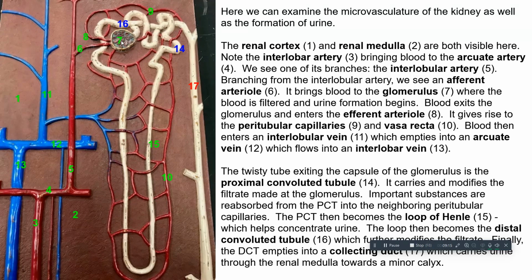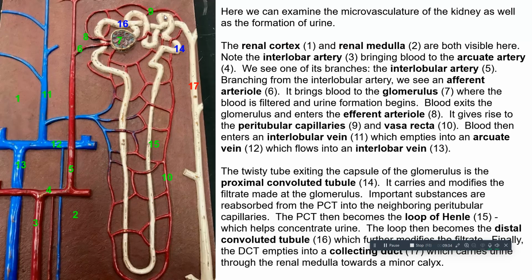So, this is the glomerulus. We filter blood there. We get a fluid called filtrate. It flows through these renal tubules. This first guy right here is called the proximal convoluted tubule. And notice how it is adjacent to peritubular capillaries.